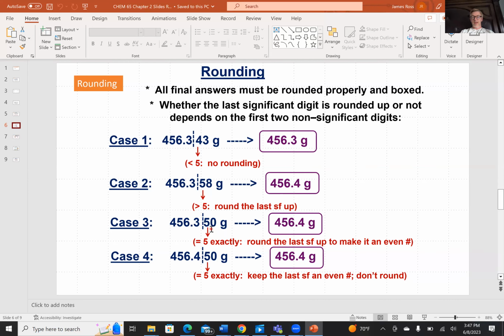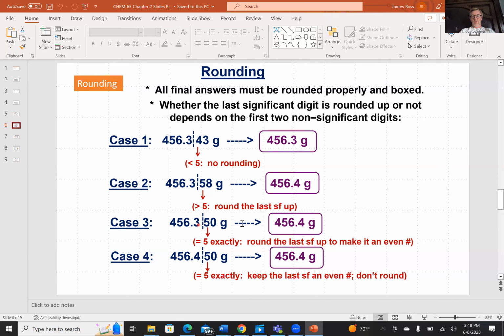Case 3 and 4, the first insignificant digit are both exactly 5. We confirm that by looking at the second insignificant digit. So we've got exactly 5. What do we do? We don't automatically round up. We round up only if the last significant digit is odd. So there's a rule that says if the last significant digit is odd, you round up to make it even.